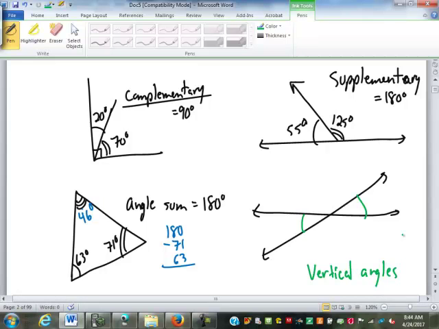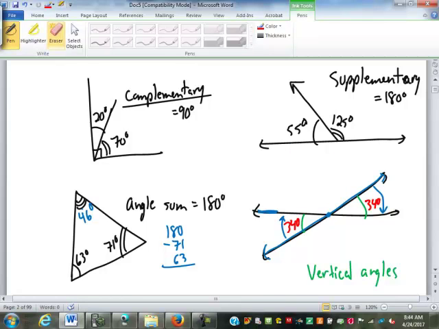And there's two reasons why they have to be the same. If you think of this line here is originally lying on top of this one, it rotates to form this angle around this point. But whatever it rotates here, it has to rotate the same amount on this side. So those two angles have to be the same. If this is 34 degrees, this has to be 34 degrees.